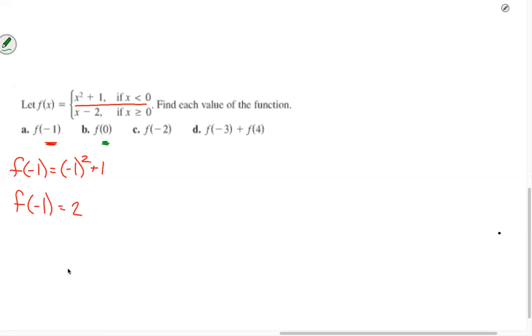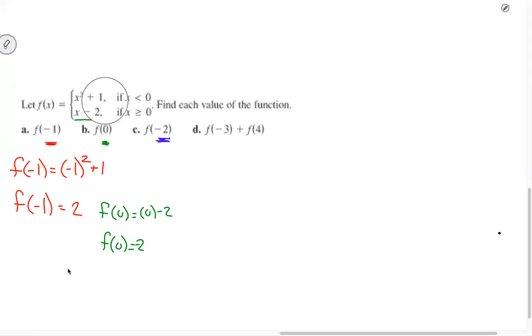Let's look at 0. Where does that fall? Does that fall on the top or the bottom? The bottom. So when I plug in f of 0, I'm going to plug it into that one. Chris, where does that fall?